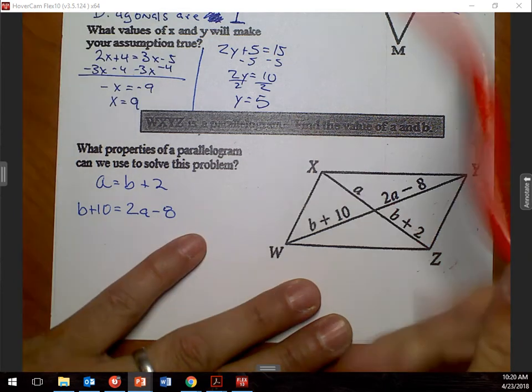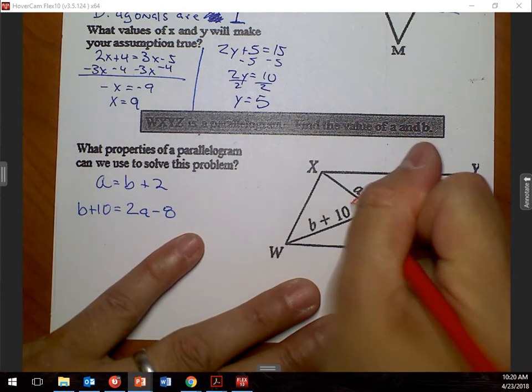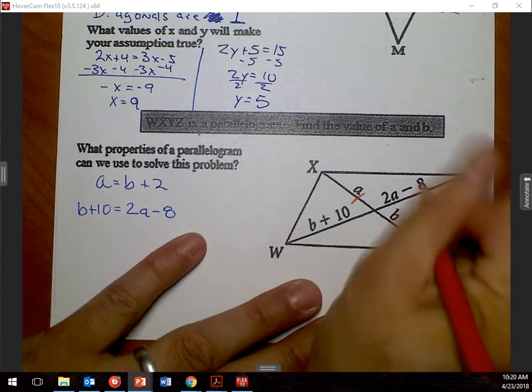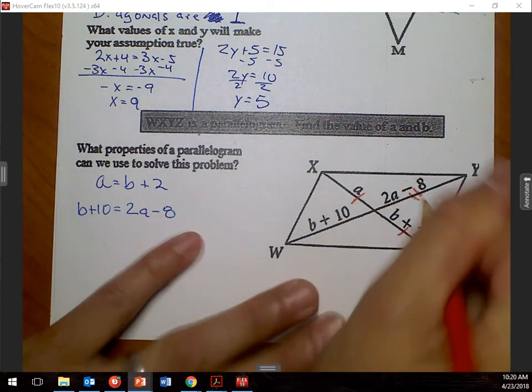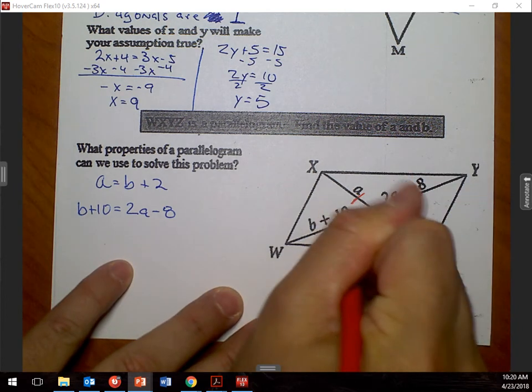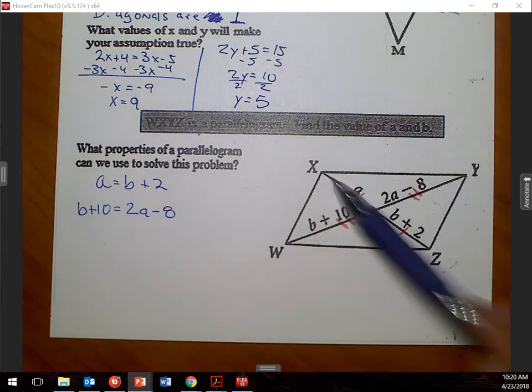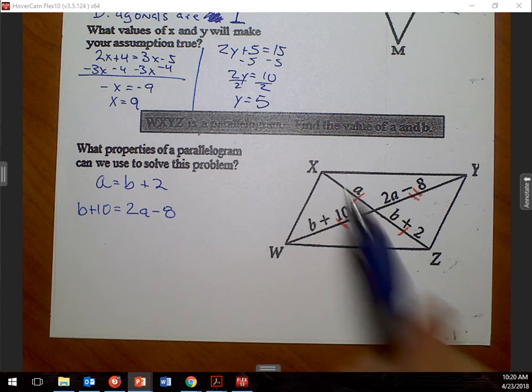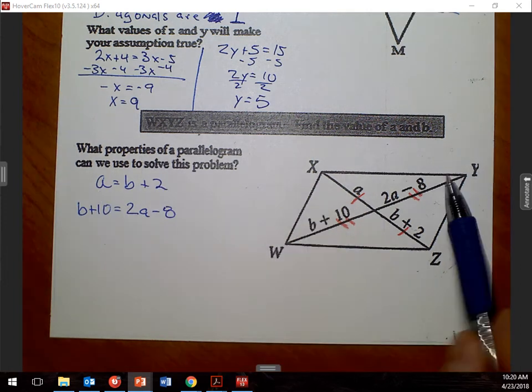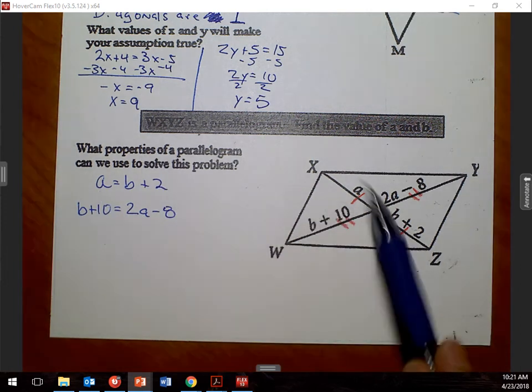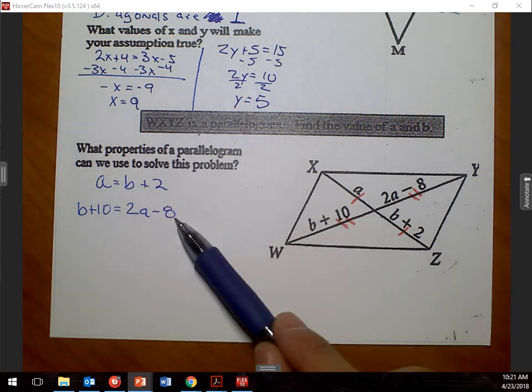Since this one, I'll mark it on here. These two are congruent, and those two are congruent. Now, this is a system of equations, so it's actually two things that go together. a is going to be the same in both of these. b is going to be the same in both of these.